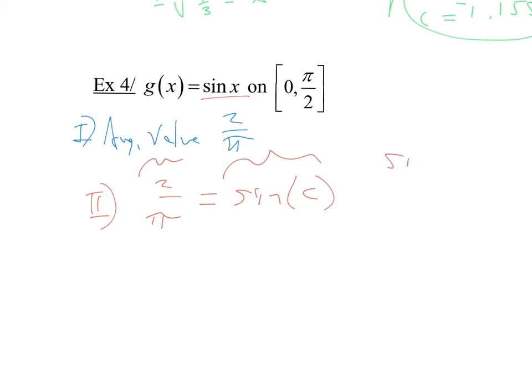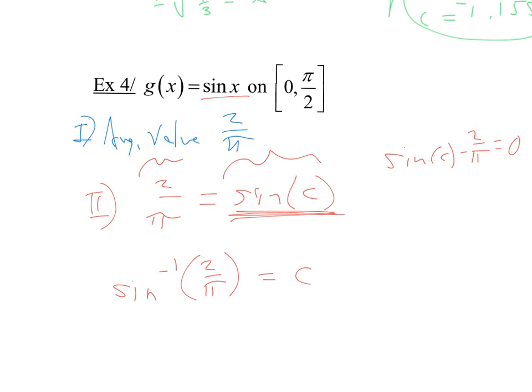You could subtract 2 over pi to get everything on one side and the other side equal to 0 and see where it crosses the x-axis in your calculator. For this one, make sure you're in radian mode. If I want to get c by itself, I'd have to take the inverse sine of that side. So I do the inverse sine of 2 over pi.